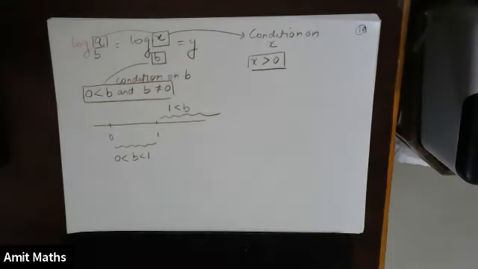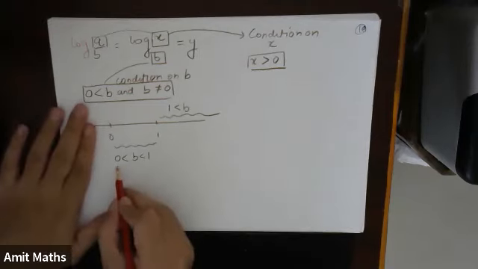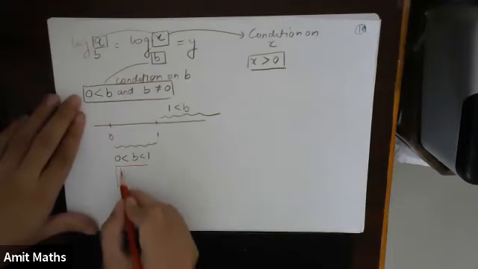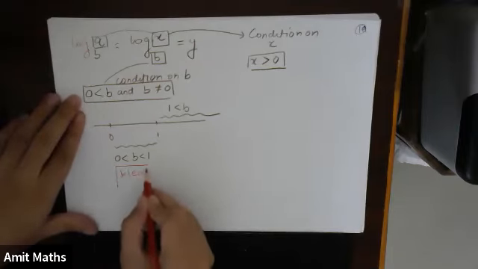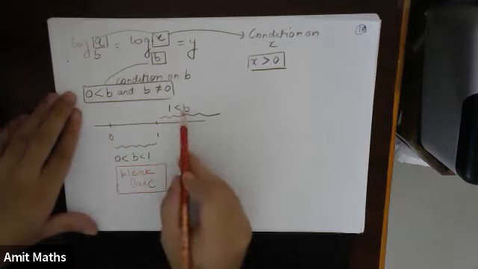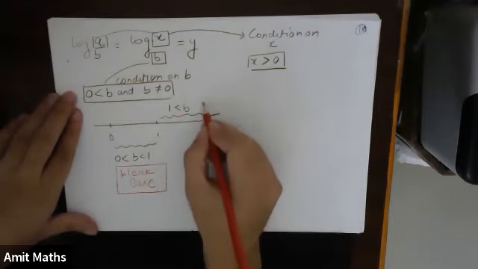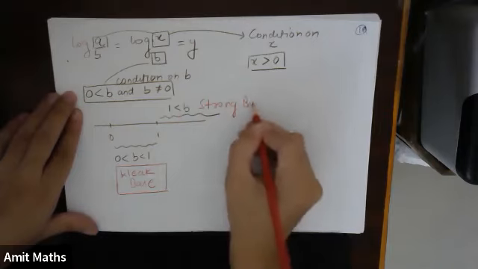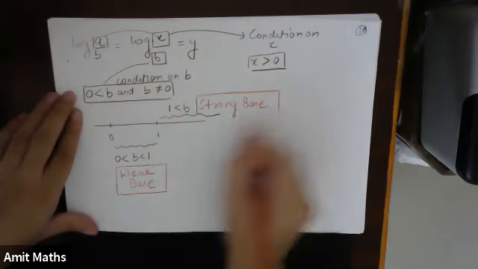When the base is less than 1 and greater than 0, we'll call it a weak base. And when the base is greater than 1, we'll call it a strong base.